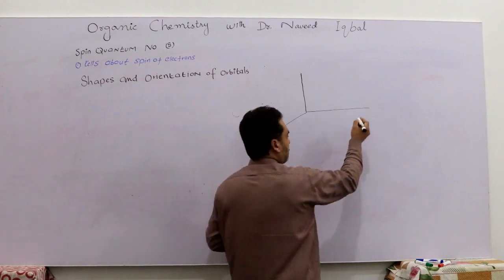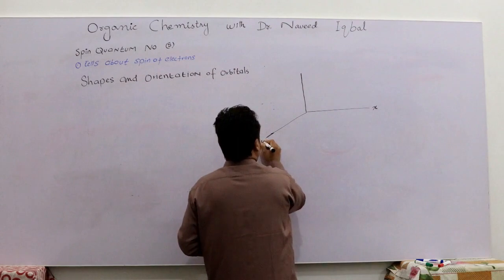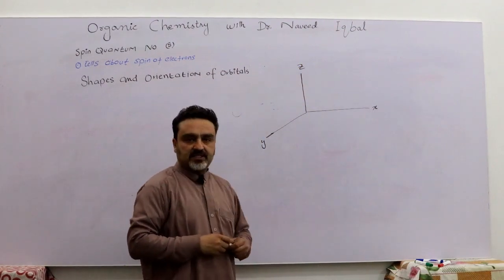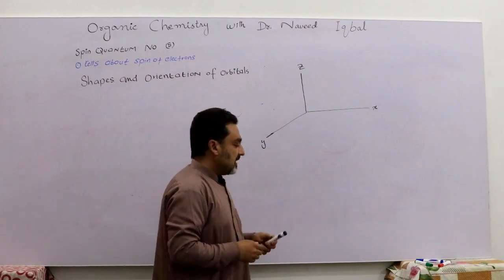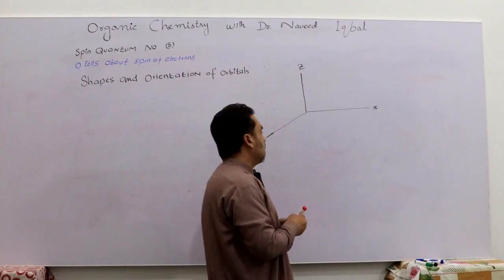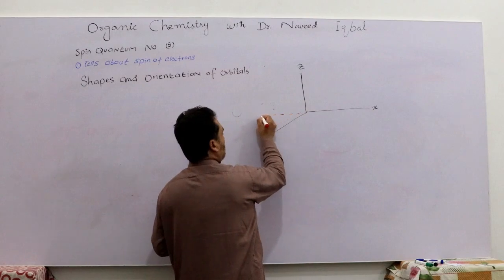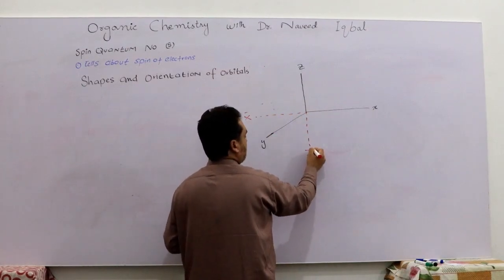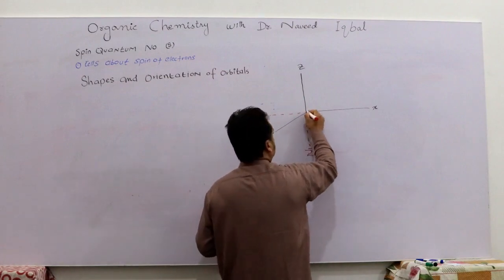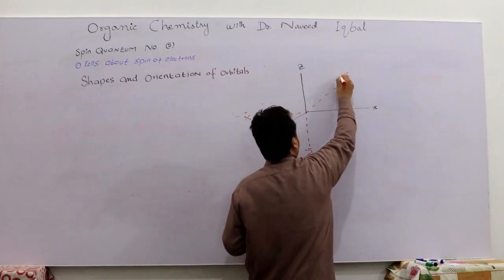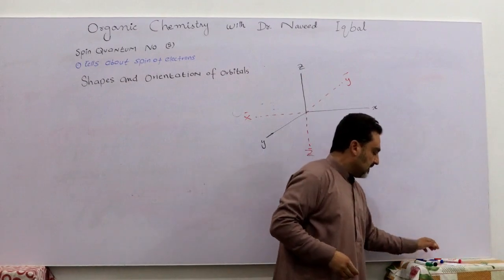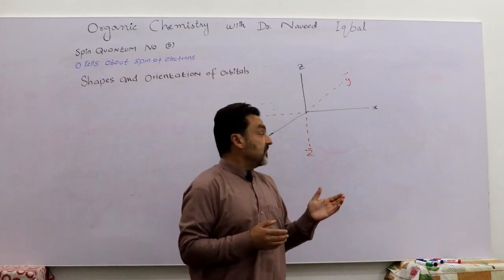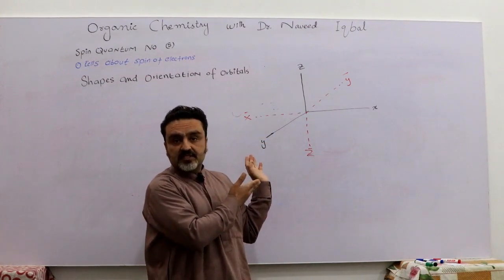So this is x, y and z. But as you know, this also has minus x or x prime, z prime, and y prime. But now this becomes even more complicated to comprehend.